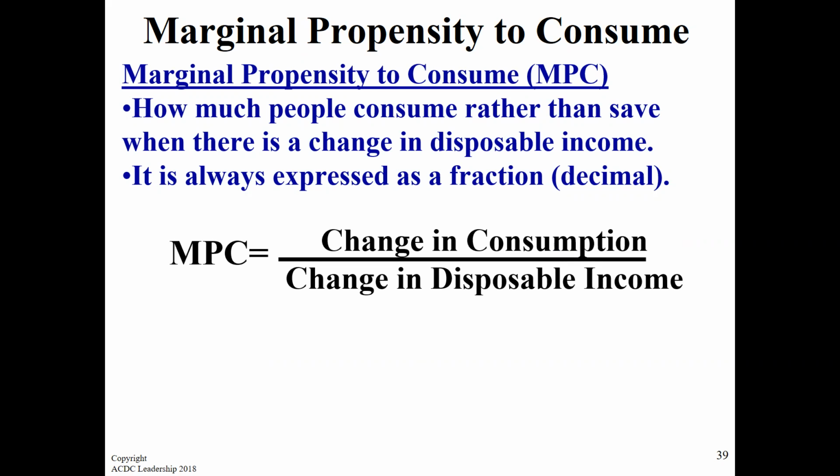Antonio, if you don't consume, what's your only other option? Well, save, right? So you can only consume and save. Those are the only two things you can do. So in other words, it's how much spent over how much given?